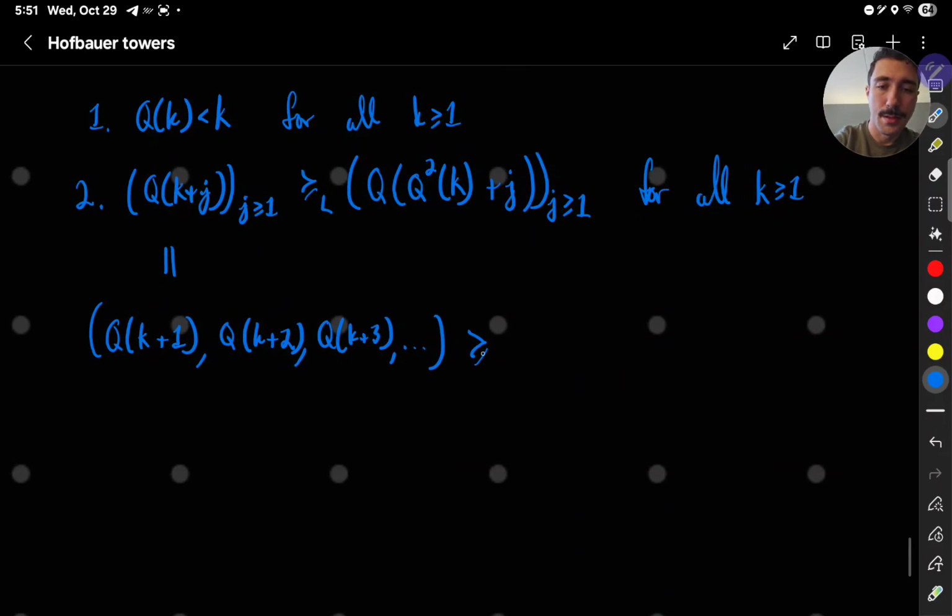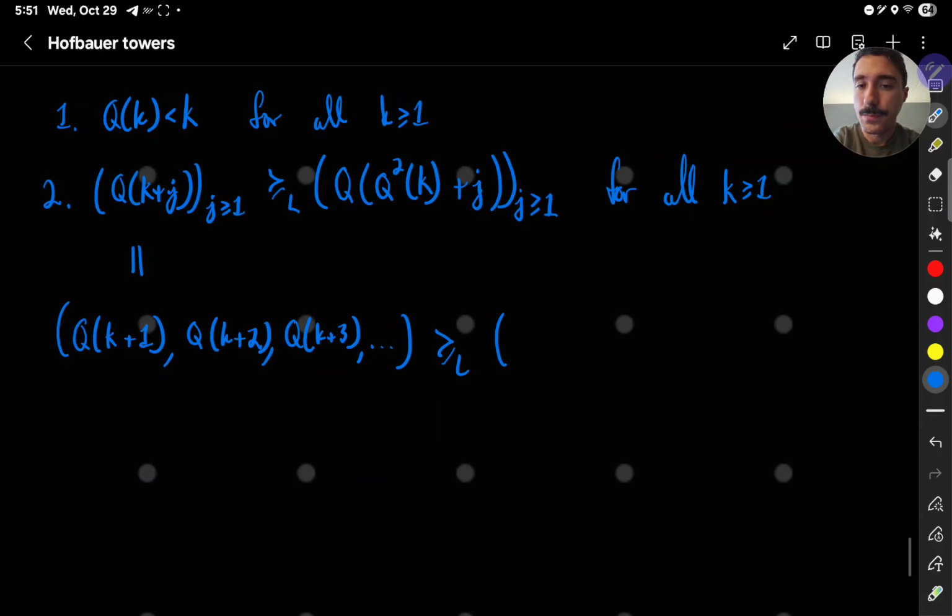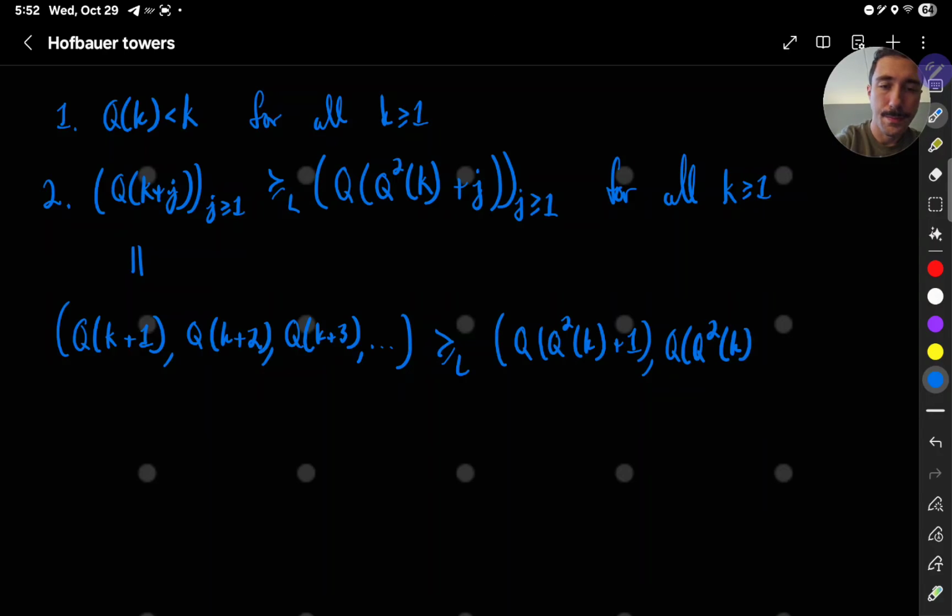This should be greater than or equal to, in the lexicographic ordering, Q(Q²(K)+1), Q(Q²(K)+2), and so on.